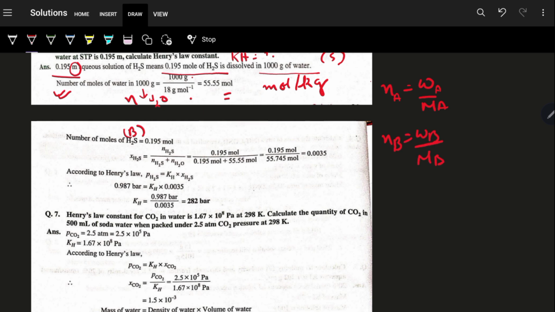We need the mole fraction, because the formula is P equals Kh into the mole fraction of the solute. The mole fraction of the solute means the number of moles of H2S divided by the number of moles of H2S plus H2O. We have done this in class 11. So, here is the mole fraction. Place the value and get the value of Kh.